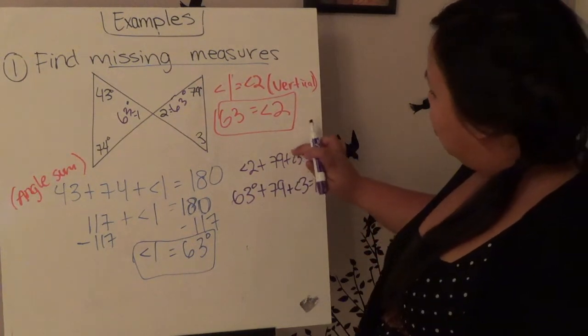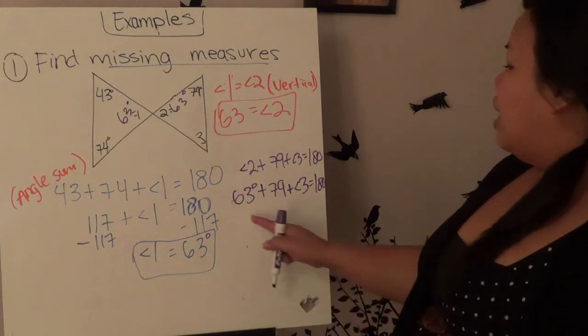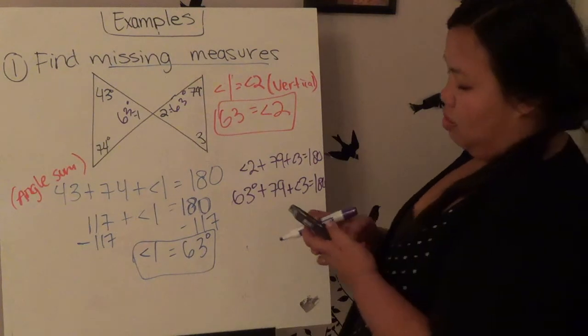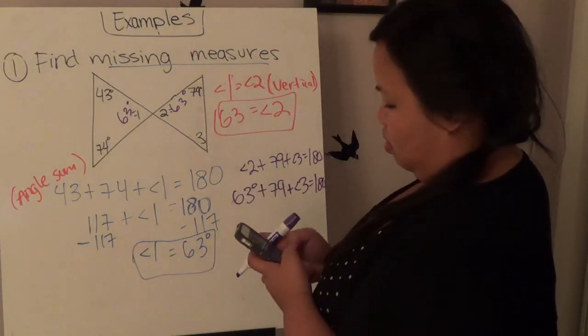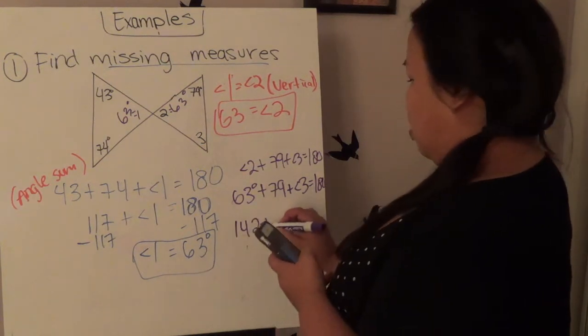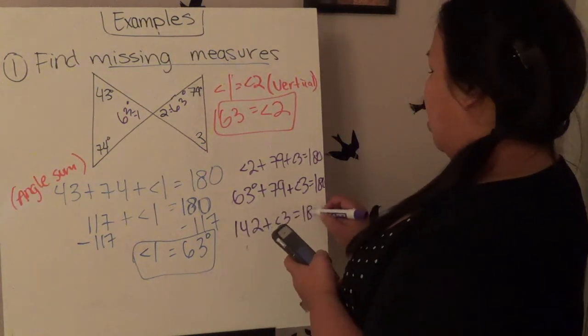Now I can add 63 plus 79, which gives me 142, plus angle 3 equals 180.